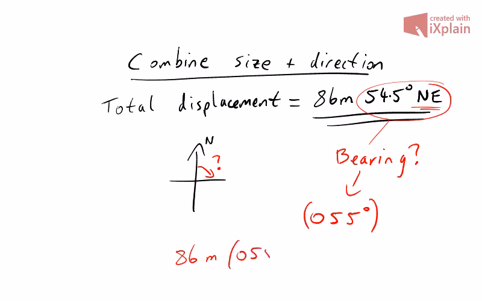So we can write our final displacement as 86 metres, brackets, 055 degrees, close brackets. And that's how you can get the displacement in a journey. Now remember, the displacement always needs a direction. Distance does not need a direction, it just needs the size and the units. And the units for both displacement and distance is metres.